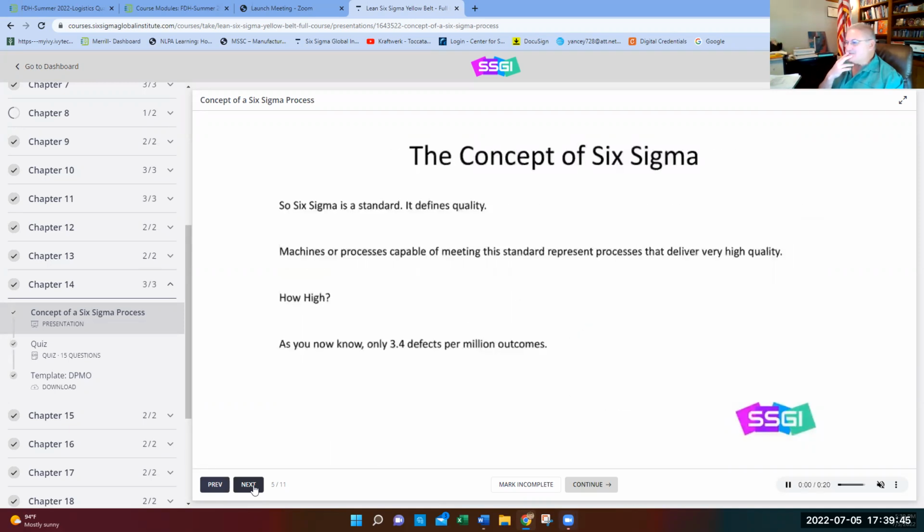So sometimes that standard is too high, and the reason it's too high is the cost associated with it.